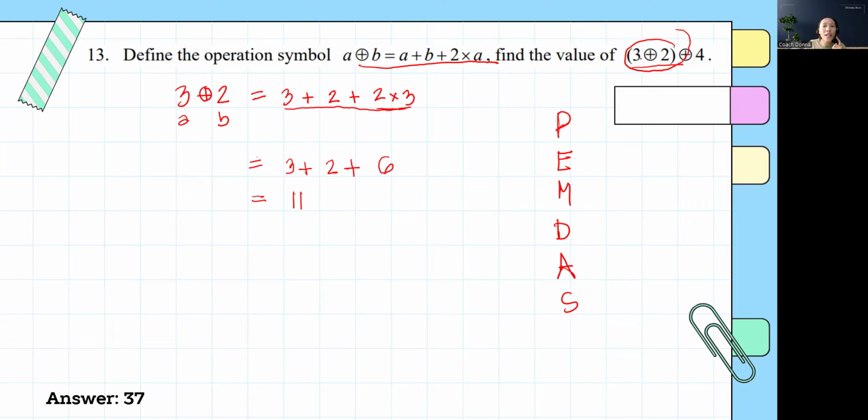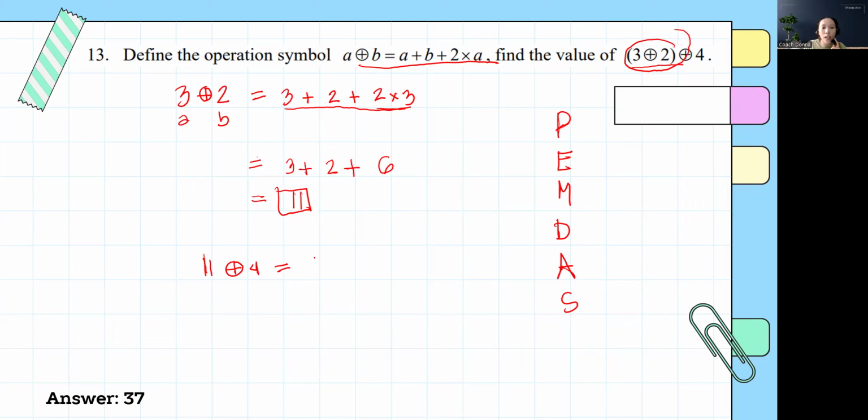Let's replace that with 11. All right, the 3 symbol 2 has been replaced with 11, so it becomes 11 symbol 4.